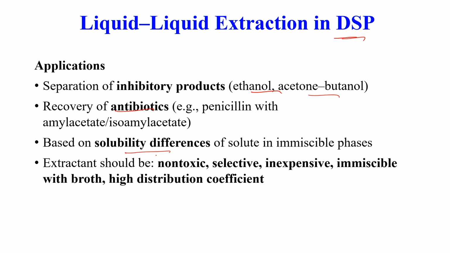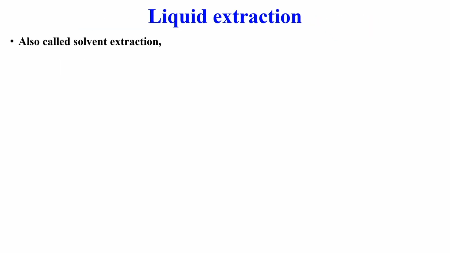The separation is based on the solubility difference of the solute in immiscible phases, and the choice of solvent or extractant depends on certain properties like being non-toxic, selective, inexpensive, immiscible with broth, and having a high distribution coefficient or high partitioning coefficient. We just saw the liquid extraction which we refer to in downstream processing. It is also referred to as solvent extraction.